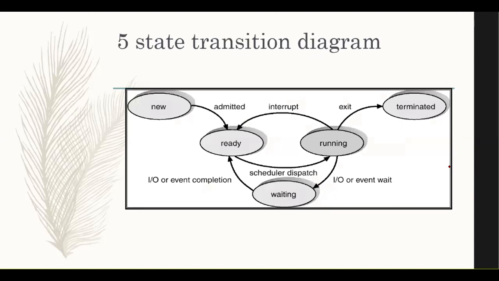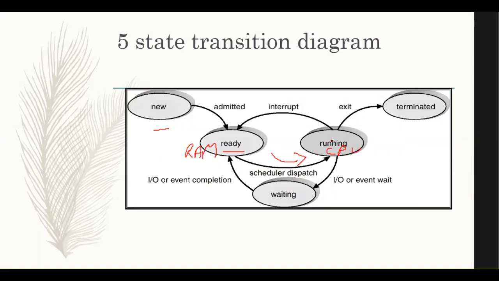So this is our overall diagram of the five state transition diagram, where in the new state the process got created, then it was admitted into the RAM. So this becomes ready state, process is ready for execution. Then it got dispatched into the running one, so it got dispatched into the CPU.